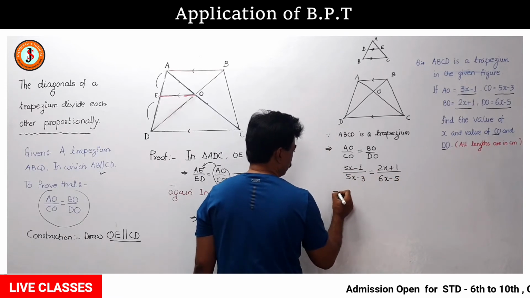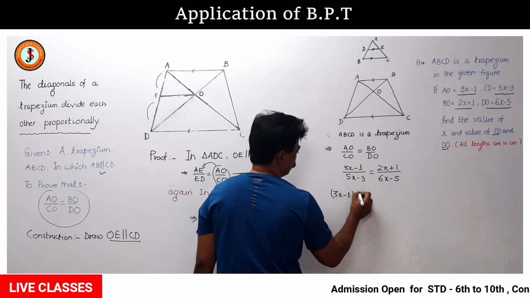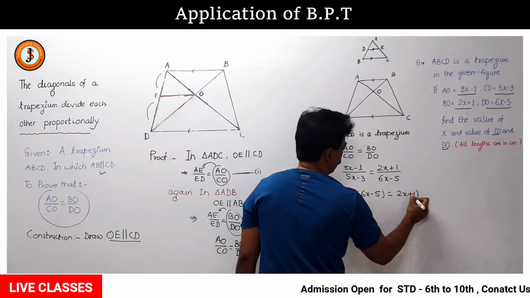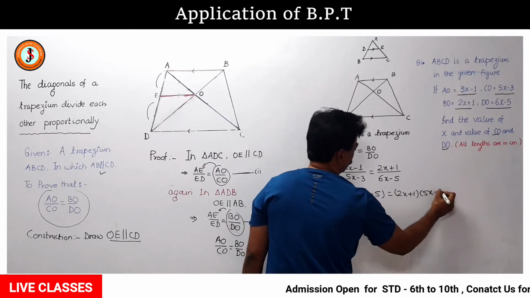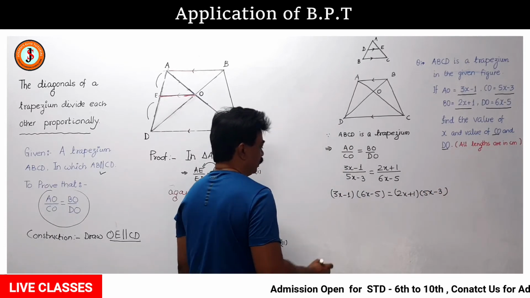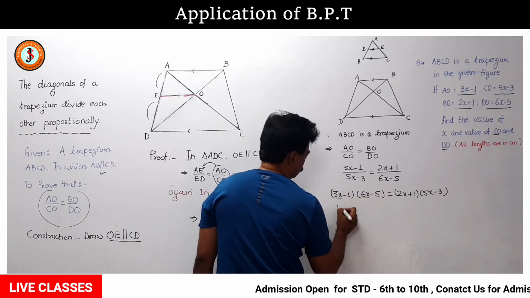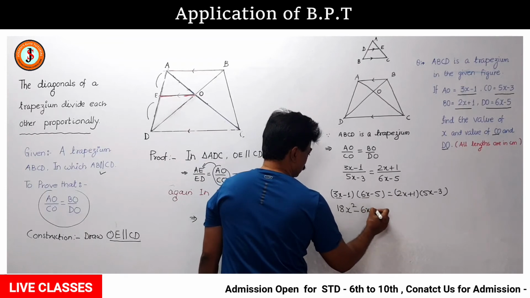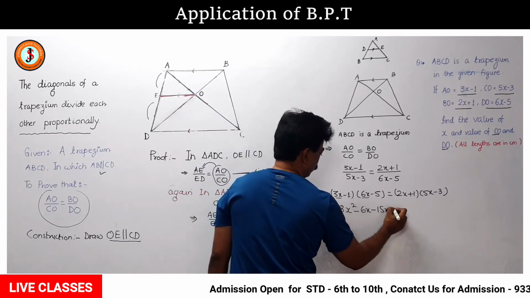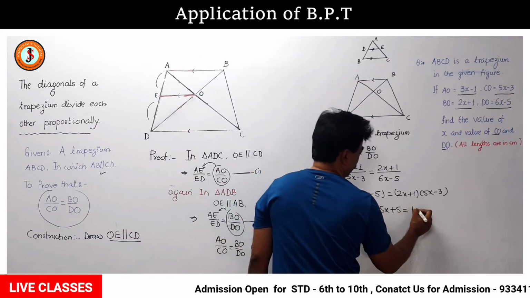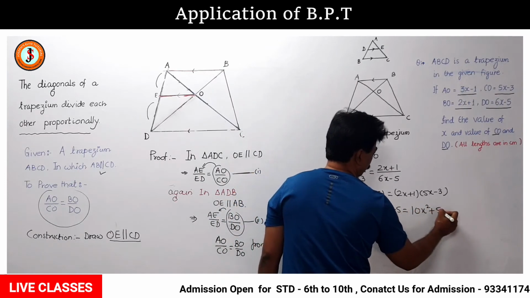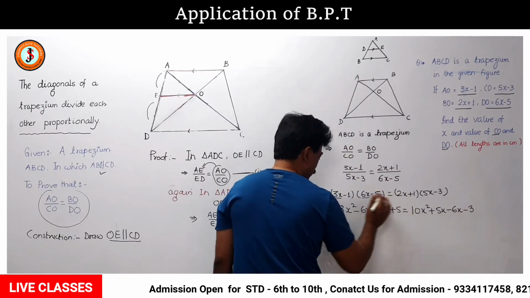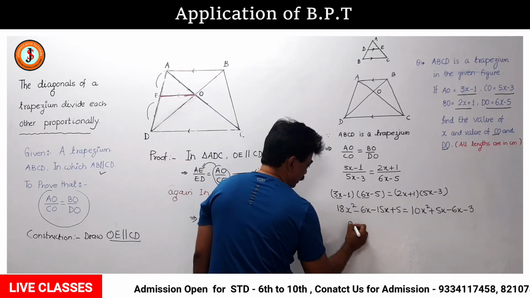Now I cross multiply: 3x minus 1 into 6x minus 5 is equal to 2x plus 1 into 5x minus 3. Surely we will get a quadratic equation. 6 3s are 18x square, then minus 6x minus 15x plus 5 is equal to 10x square plus 5x minus 6x minus 3. Now 18x square, this comes this side, so it becomes 8x square.